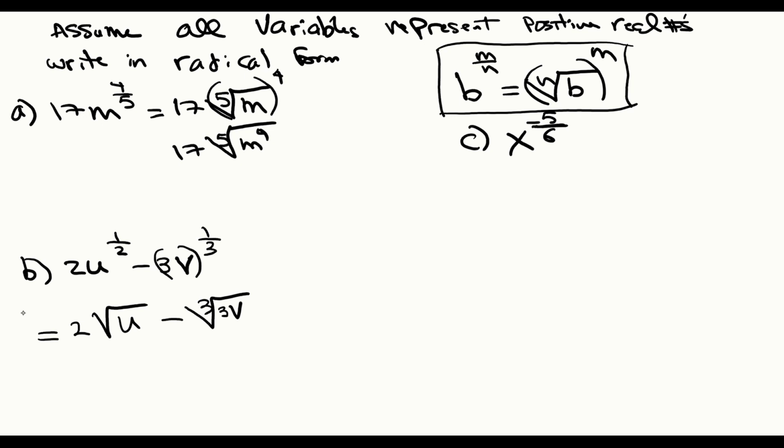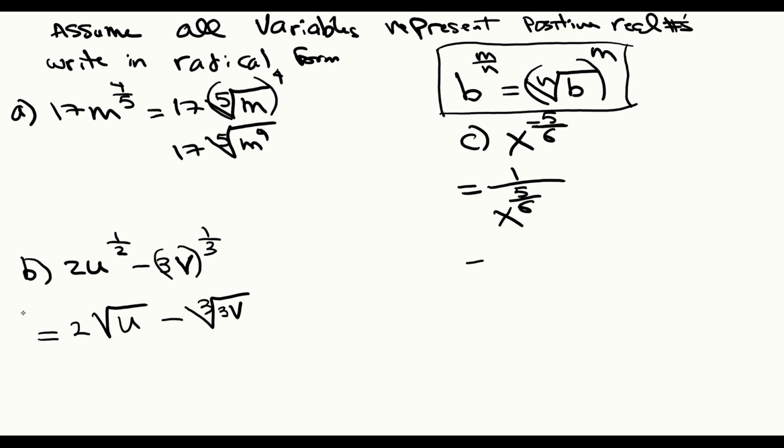All right, number C on the right, we do not consider an expression simplified as long as it has a negative exponent in it. So we're going to go ahead and first take care of that by bringing it downstairs and making it x to the 5/6.